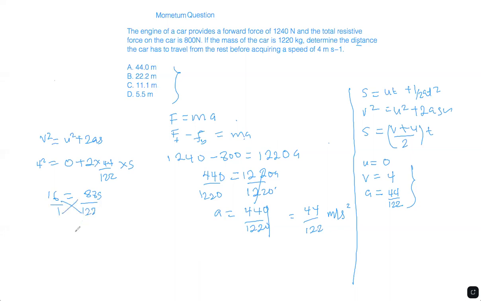So this is just mere mathematics. When we multiply both sides and divide both sides by 88, we're going to have 16 times 122 over 88. So we can quickly use our calculator to figure that out.